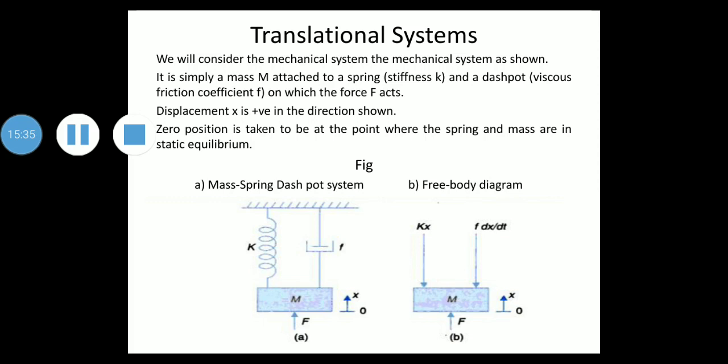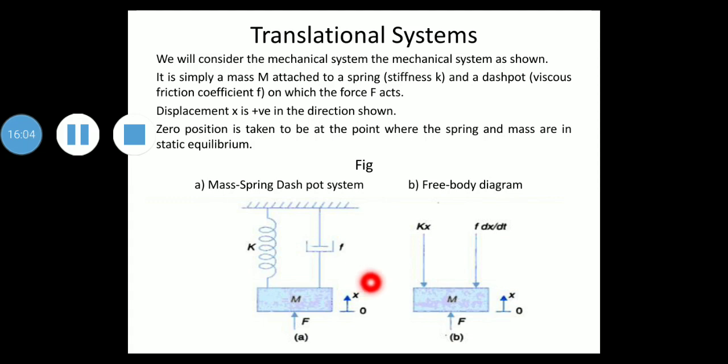When we see this figure, it is simply a mass M attached to a spring of stiffness K and a dashpot of viscous friction coefficient F, on which this force F acts. Displacement X is positive in the direction shown.